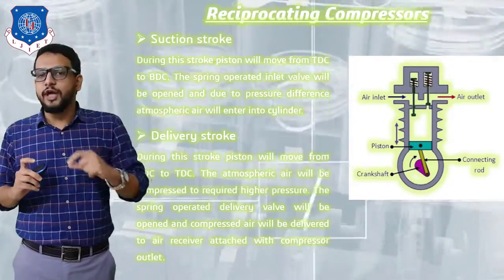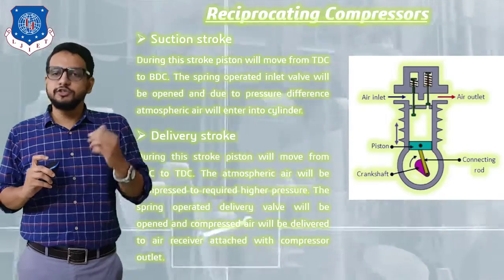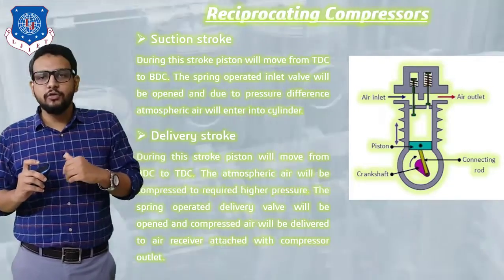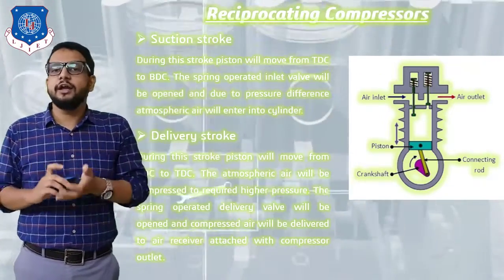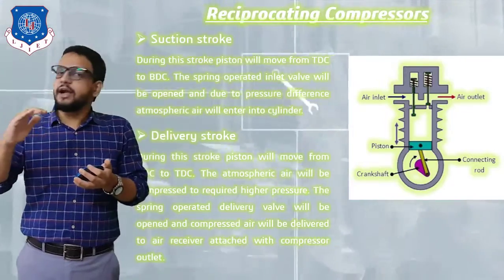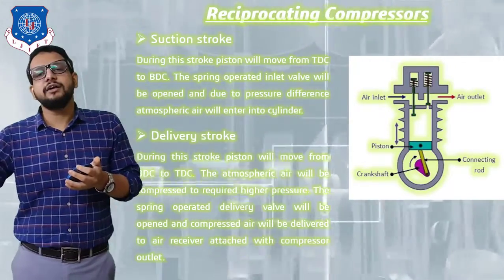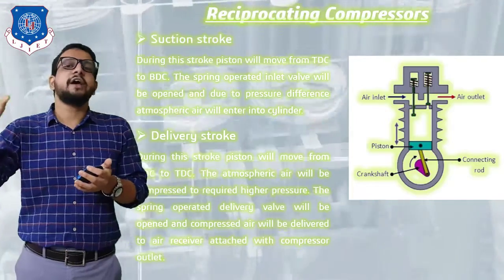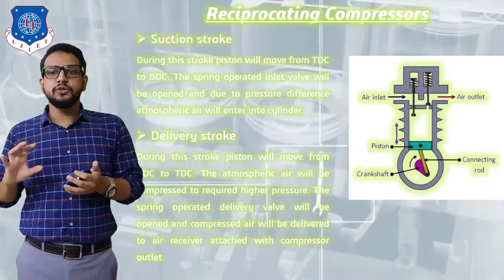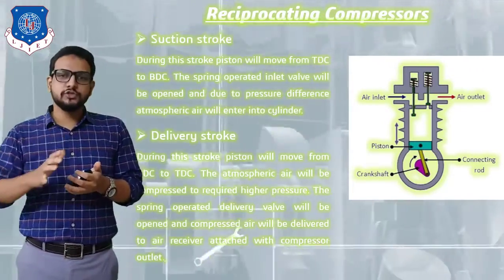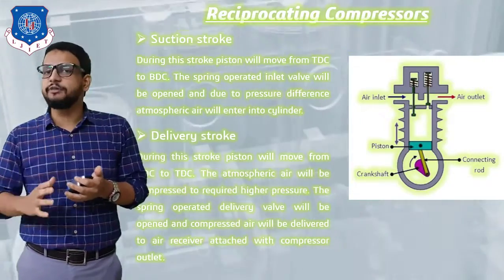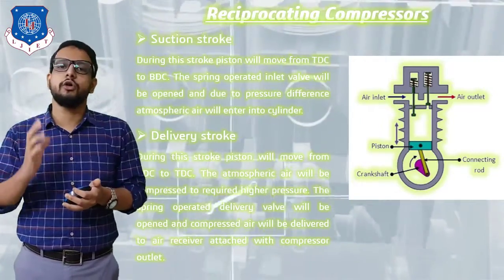At that moment, the spring operated outlet or exhaust valve will open, and highly compressed air will get out from the cylinder and enter into a receiver, called the air receiver. So these two are the most important strokes. This shows how a reciprocating compressor operates.